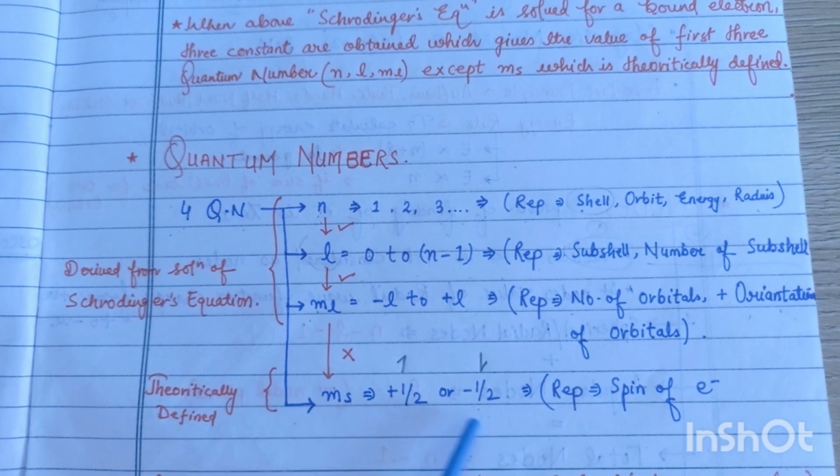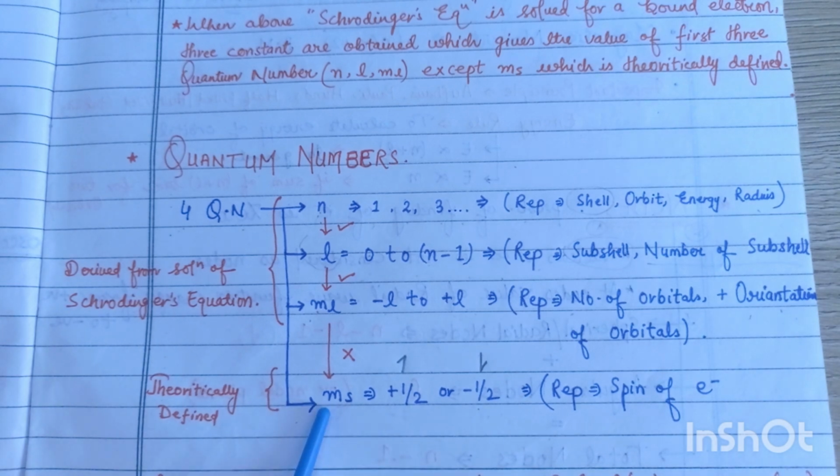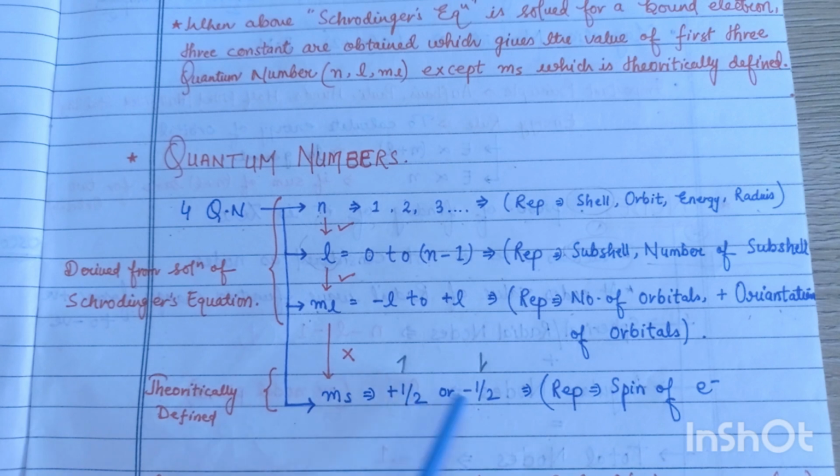So the probability is 50-50%, or you can represent it as half. So spin quantum number is plus half for clockwise rotation of electron and minus half for anti-clockwise rotation of electron, and it is also like up spin and down spin.